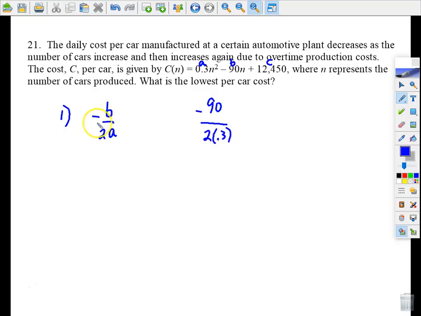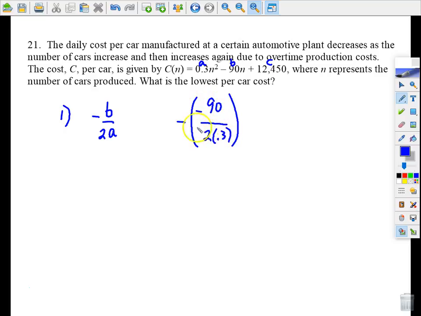Now remember, the formula says let's do the opposite of whatever this is. Let's grab your calculator, and if you want to, you can do the parentheses first. That's negative 90 divided by 0.6, or 2 times 0.3 if you want the calculator to do it, but make sure you use parentheses around 2 times 0.3. In the parentheses, we would get negative 150.